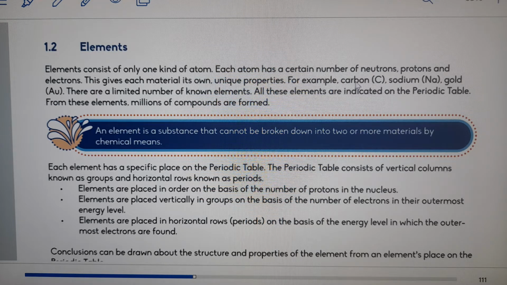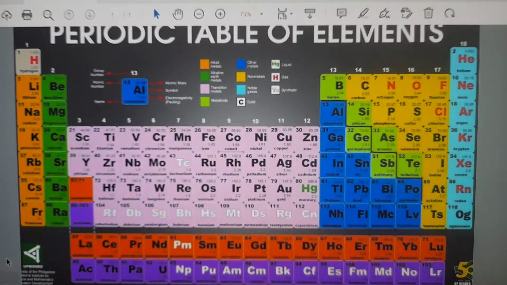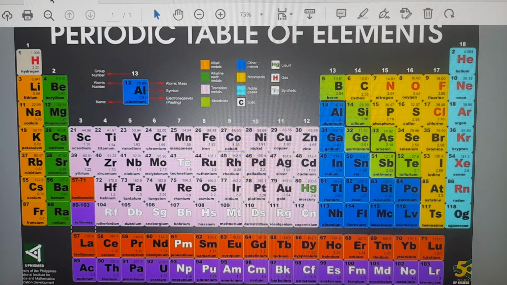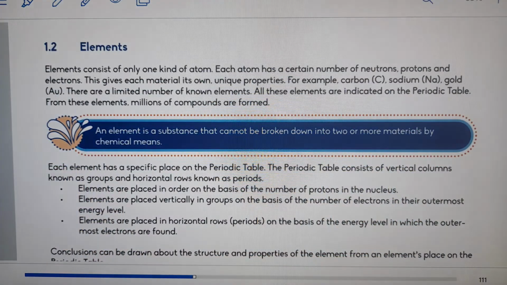For example, carbon, remember carbon is an element in the periodic table, and it is number 6 if you can recall. That's your carbon.